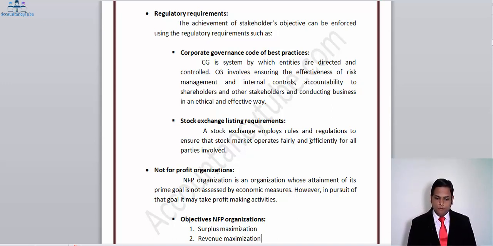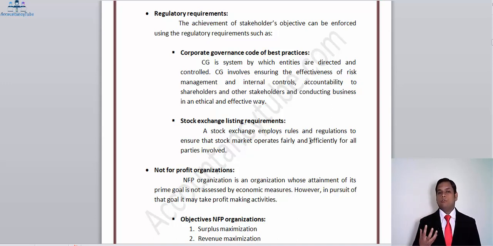The code of corporate governance is a system by which entities are directed and controlled. As I just told you, it is the code given by the SECP to encourage segregation and fair BODs. After that, the code of governance involves ensuring effectiveness of risk management and internal controls, accountability to shareholders and other stakeholders, and conducting business in an ethical and effective way.